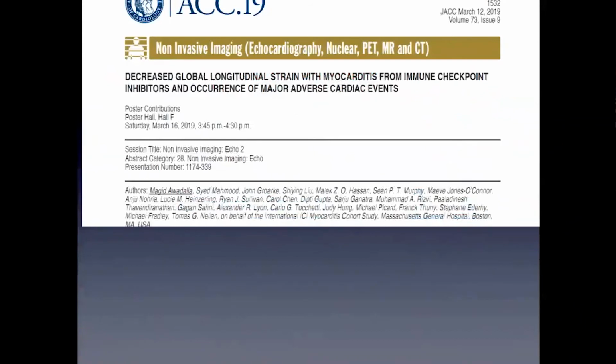I mentioned, and Stephanie also mentioned to you, that there are new kids on the playground. Checkpoint inhibitors are really the biggest thing. Fantastic medications. The problem is that there is cardiovascular toxicity associated with it. It comes in the form of fulminant myocarditis. And the problem is that from the imaging standpoint, we're kind of struggling because we don't know how to identify them.